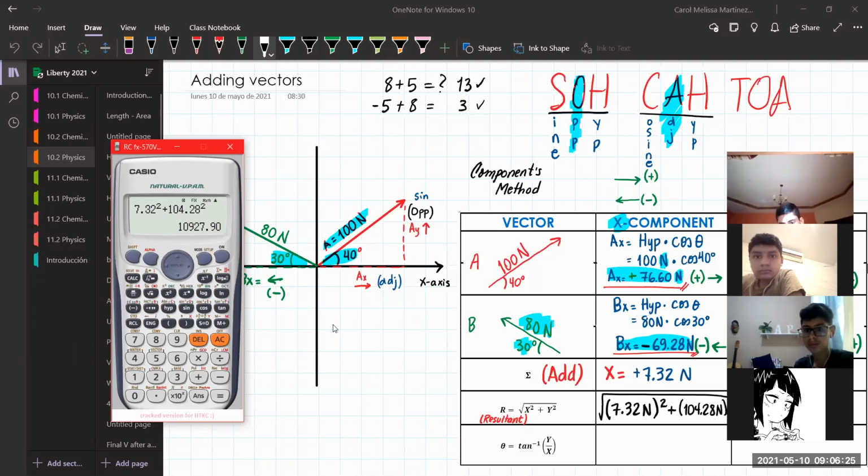And now we're going to apply the square root of 10,927.9 in a calculator, which gives you 104.54. So you put the answer over there, 104.54, and these are just Newton. So the result of adding the vector a plus b is 104.54 newtons.